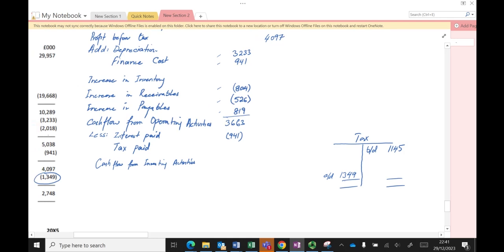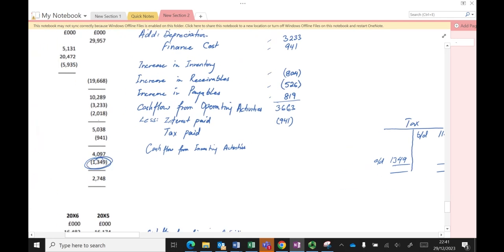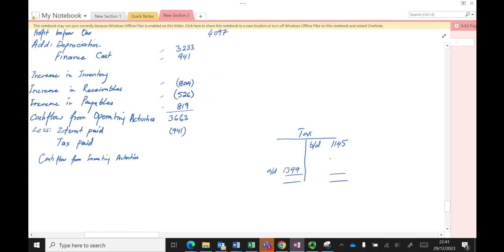In the income statement, 1,349 has been recorded, making 2,494, and out of the bank account 1,145 has been paid.